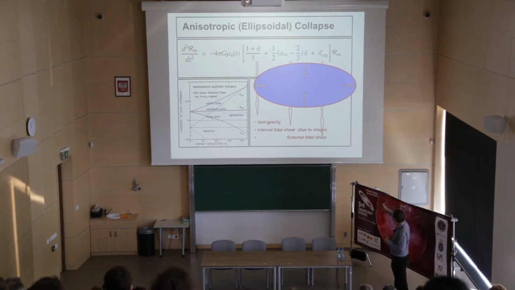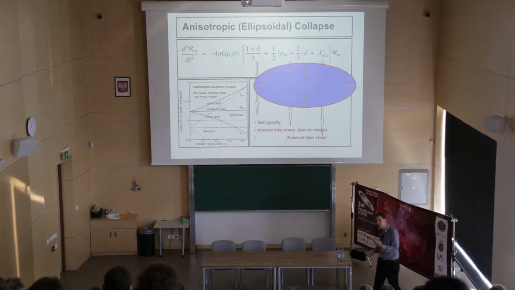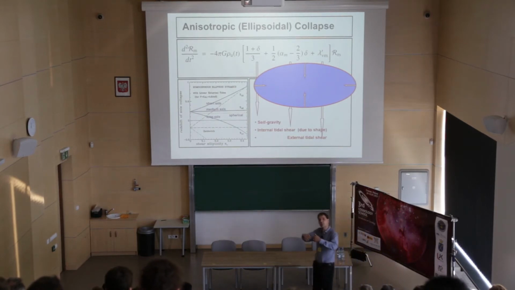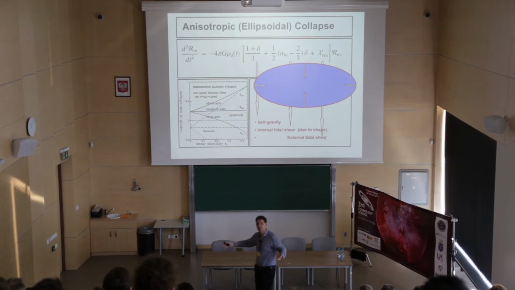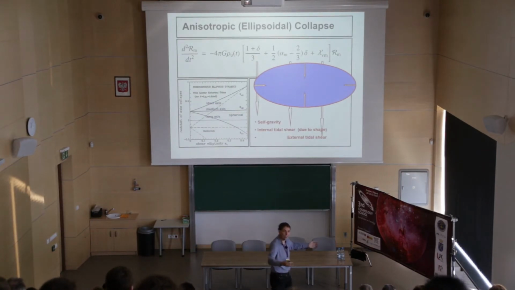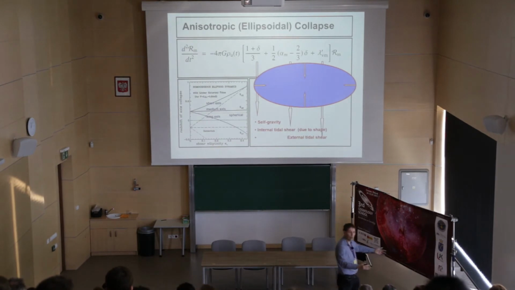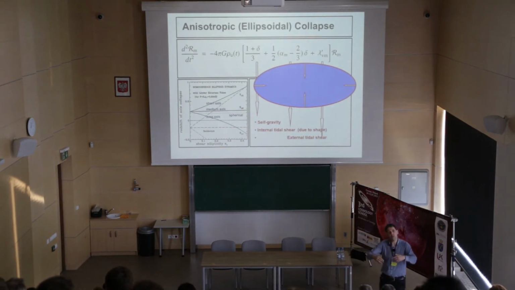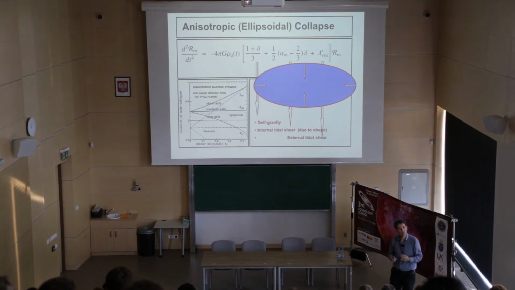And then there's an extra term over here. Where does this come from? This comes from the overall density field. The overall density field in the universe is inhomogeneous, starting from the primordial universe. Now, look at the gravitational force that's acting on such an object.